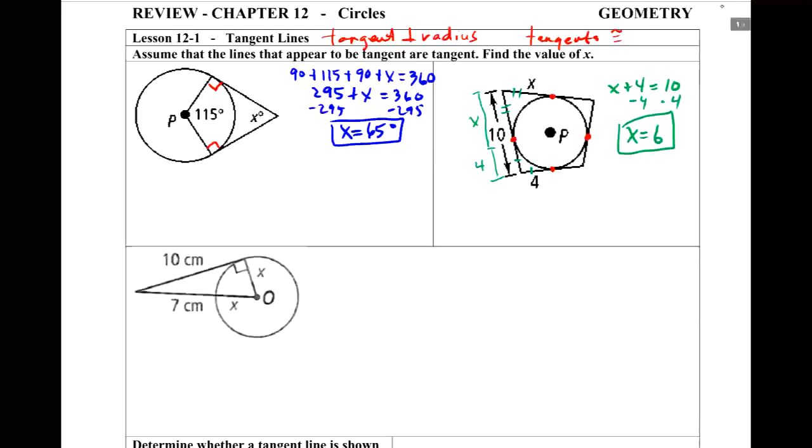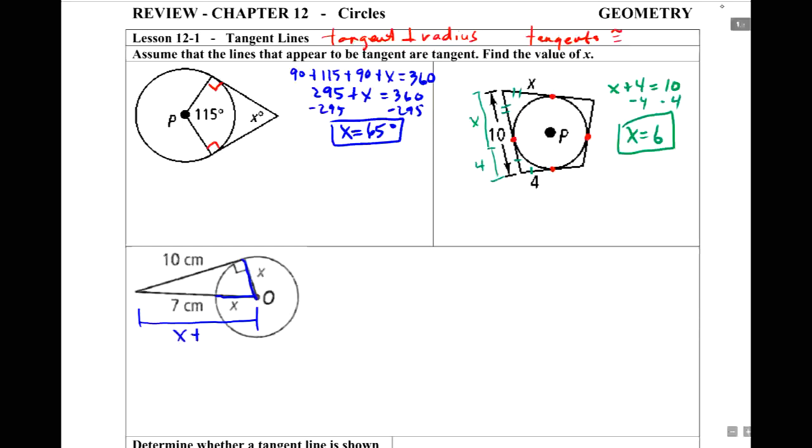All right, the next problem, we are looking to find the length of our radius. I see a right triangle there, and this length here is going to be x plus 7. This is also the hypotenuse of our right triangle.